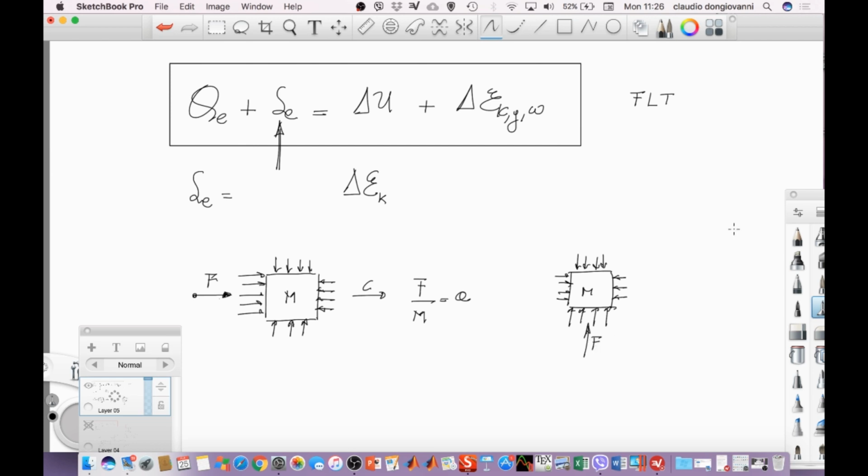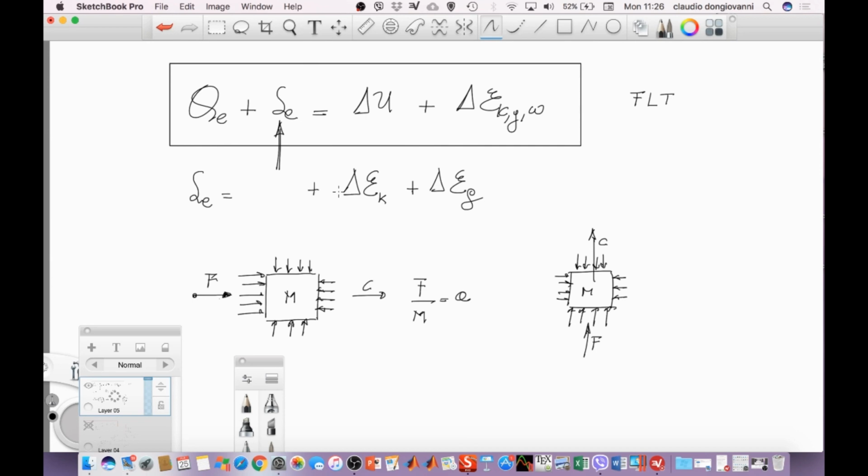Not only the kinetic one. Okay? Because it moves in this direction with an acceleration, therefore you have both increasing kinetic energy and potential energy. But we can write here delta Eg. Okay? Then the other part of energy.